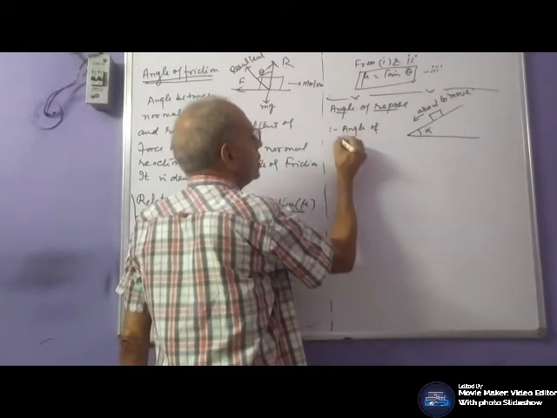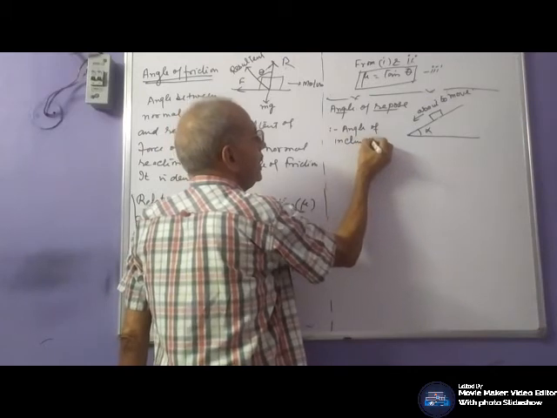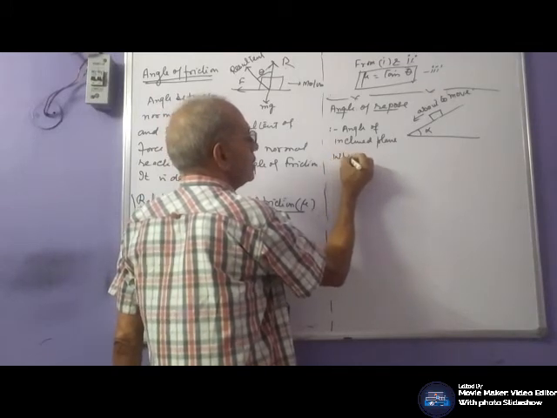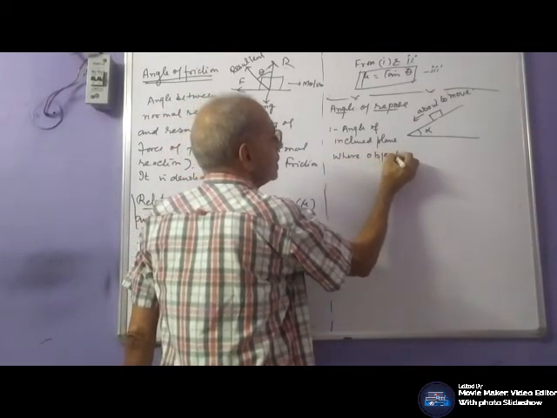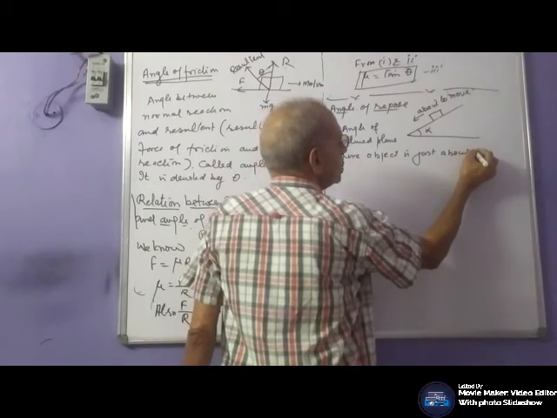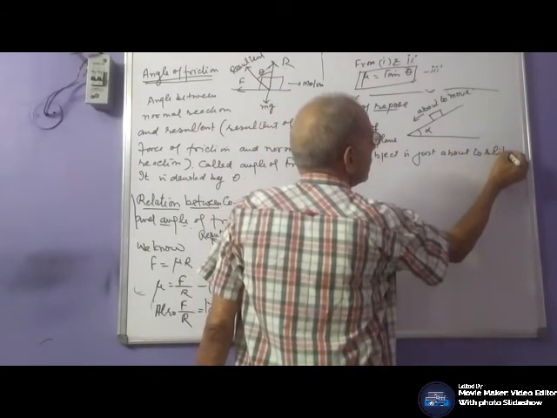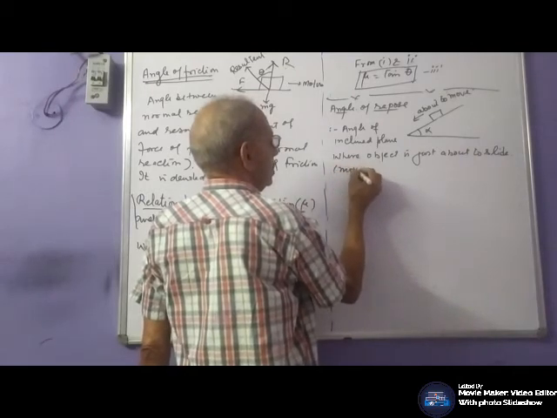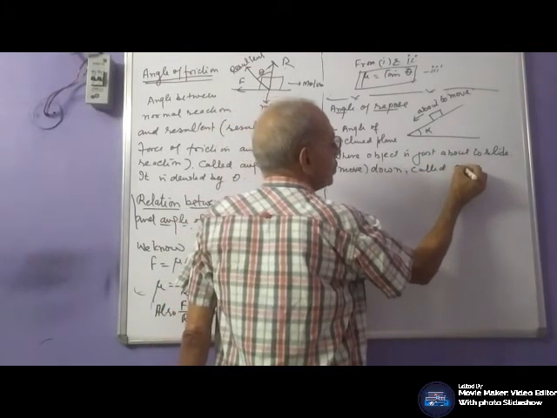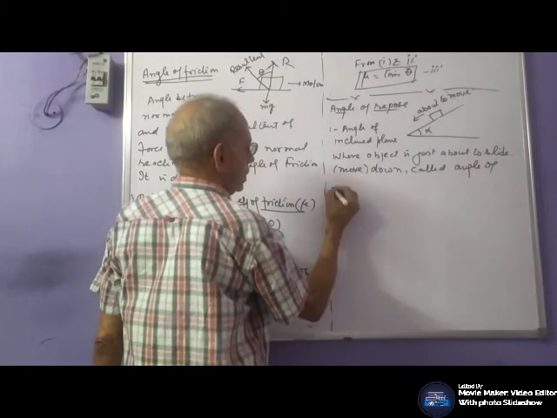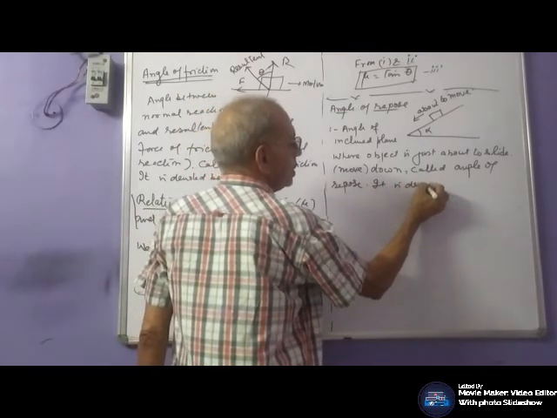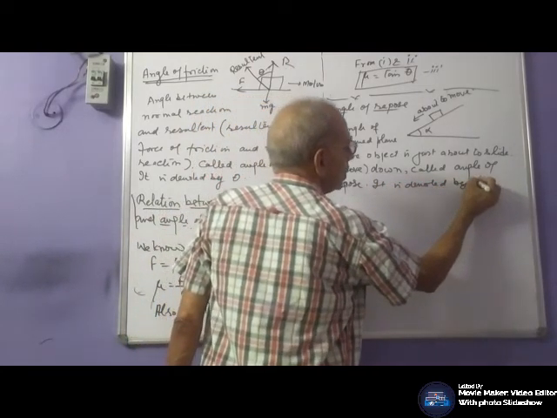Angle of inclined plane, where object is just about to slide down, called angle of repose. It is denoted by alpha.